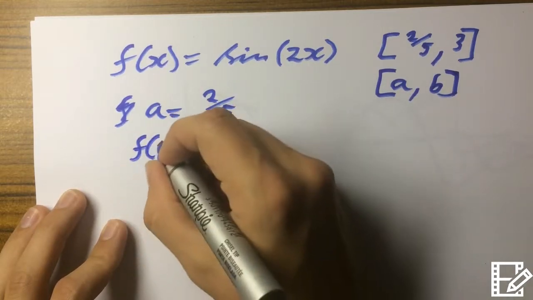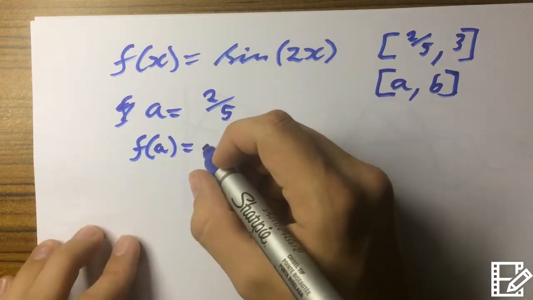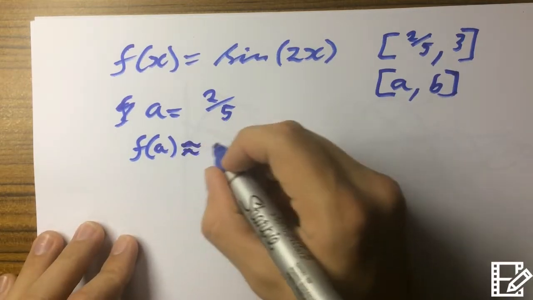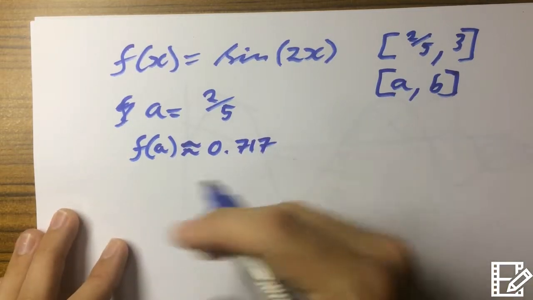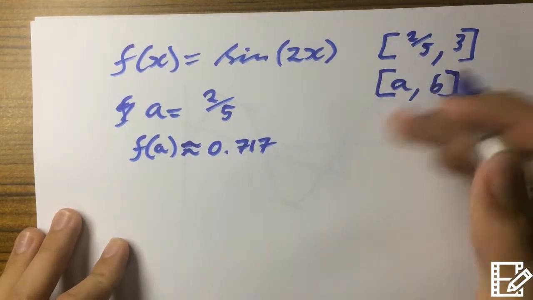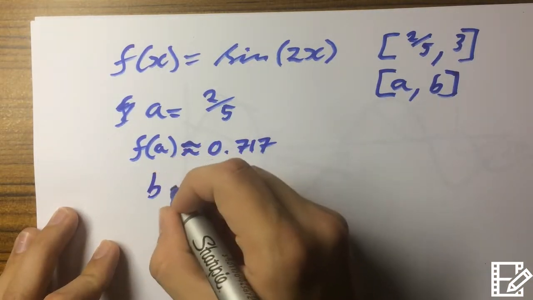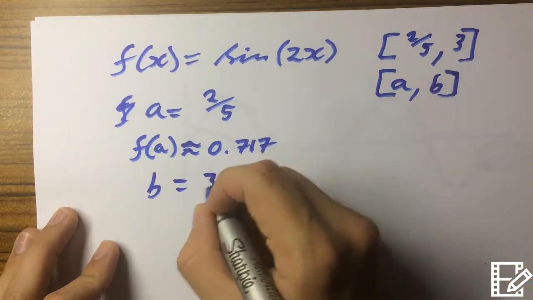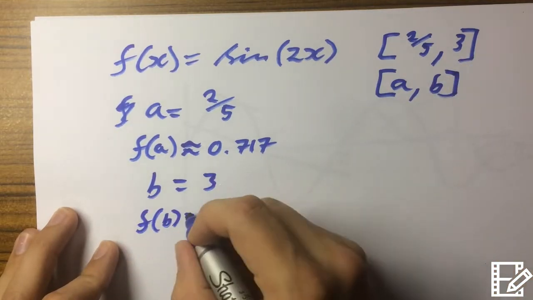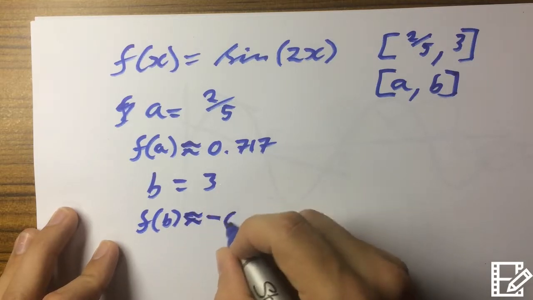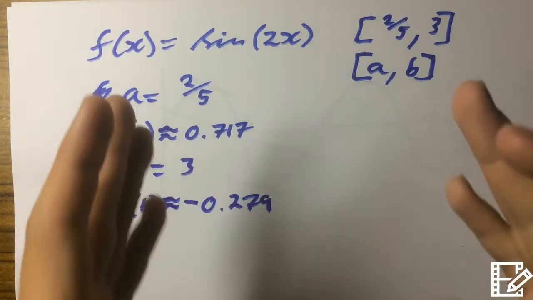Therefore, if we sub that into the function, the function of A now equals approximately 0.717, because it gives me a giant decimal that I don't want to work with, so I'm just going to write approximately that. And B is equal to 3, so the function of B is equal to approximately negative 0.279. And just remember, there's rough rounding in this.